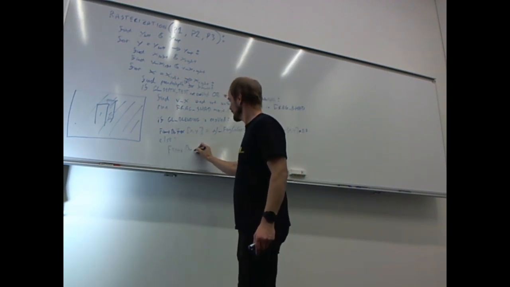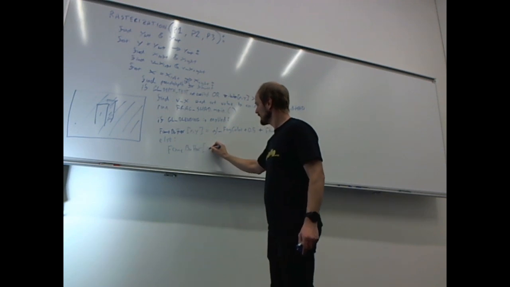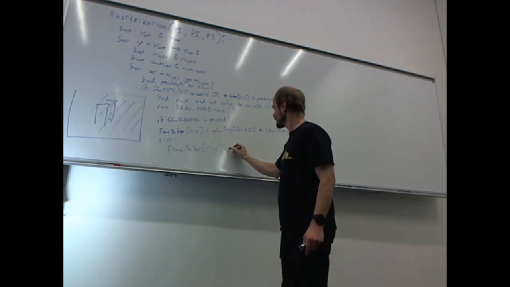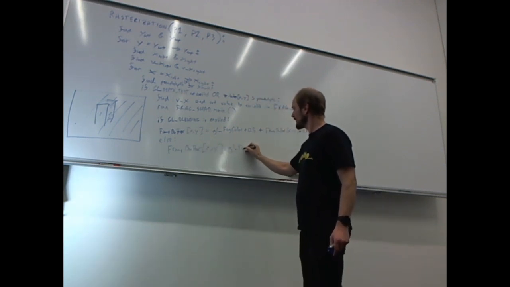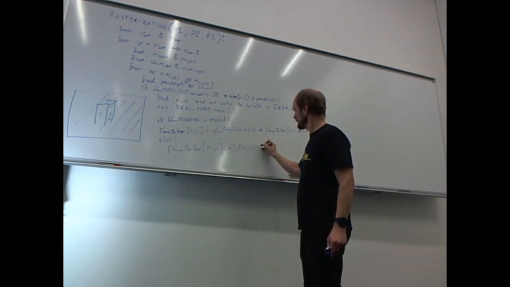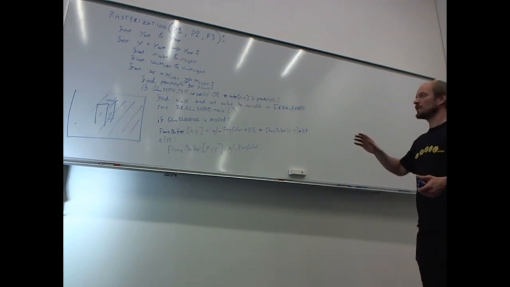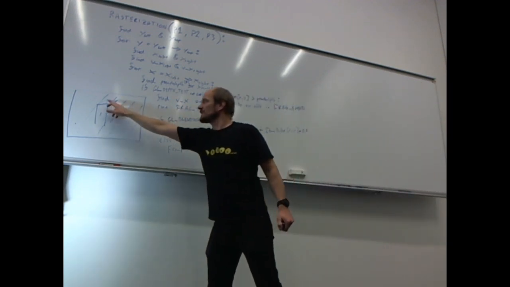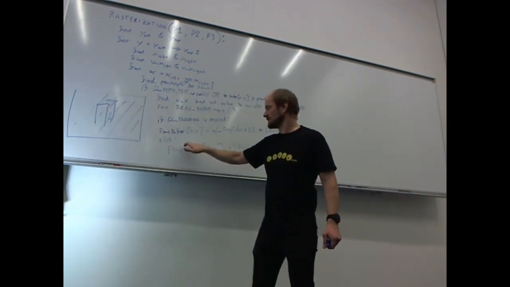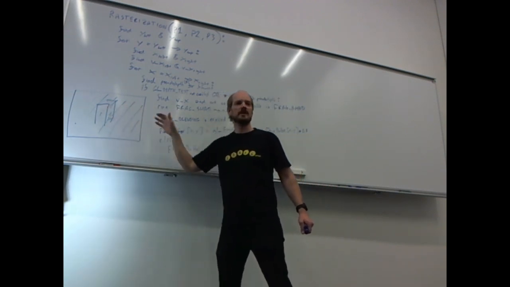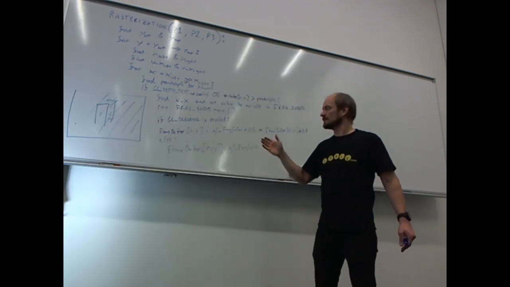Frame buffer number xy equals gl frag color. Okay. My point here is this building here, it's not see-through. We want to have blending disabled when we do that, right? We want to have it enabled here.